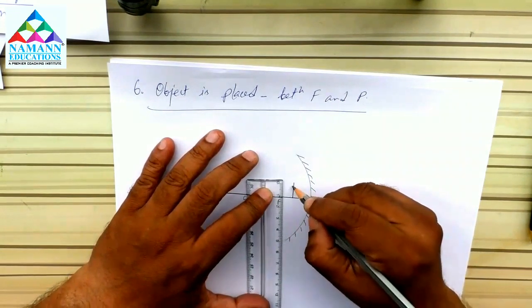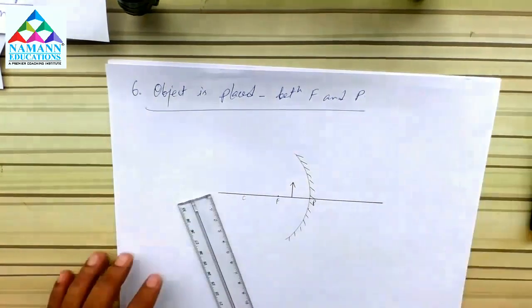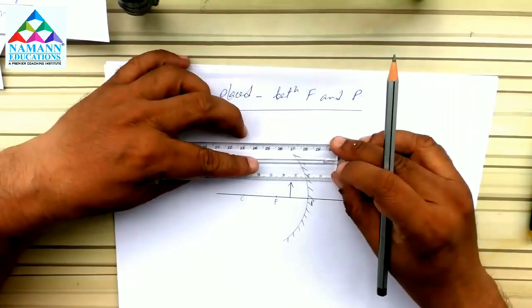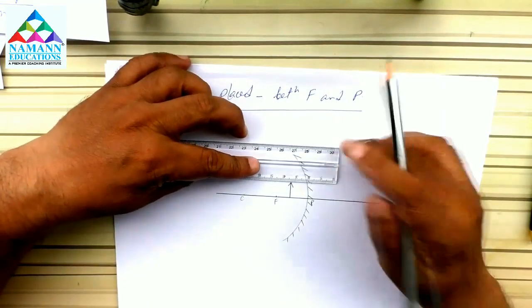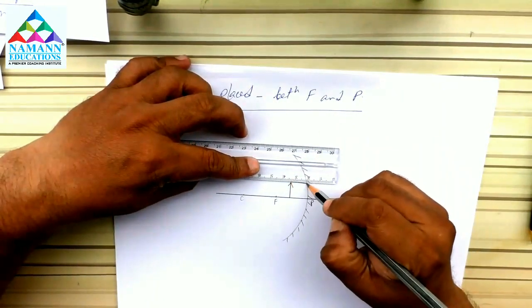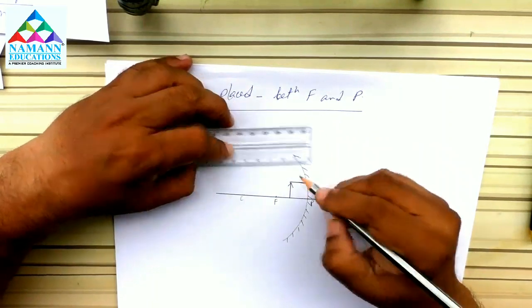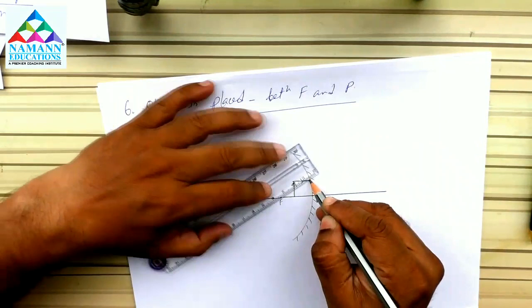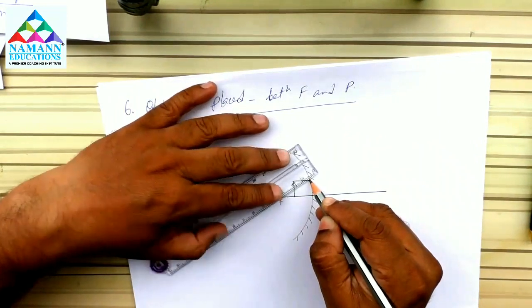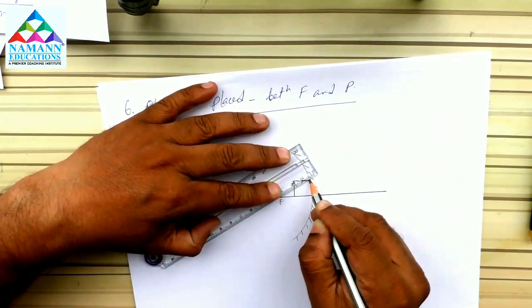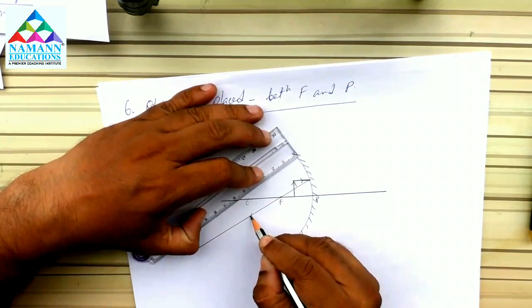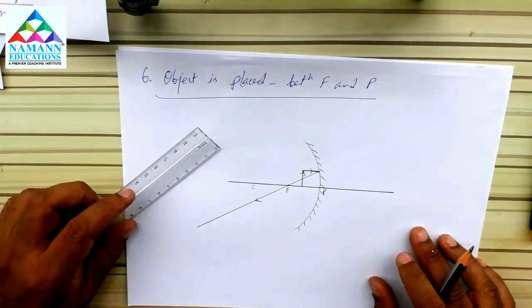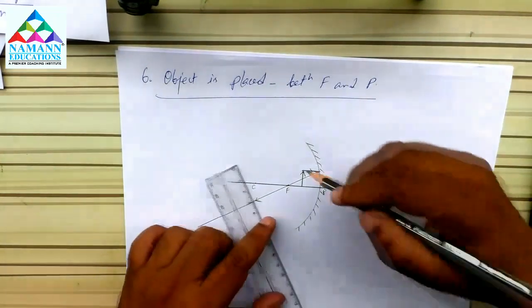So object is placed between focus and pole, and we know that if a ray of light incident parallel to the principal axis, then after reflection, this light ray passes through focus.